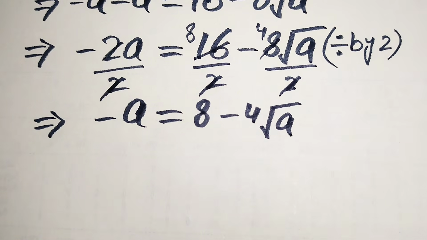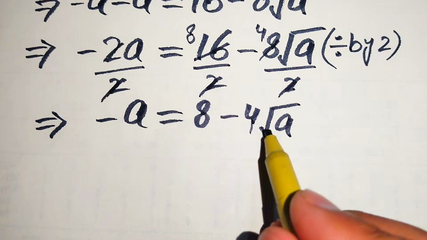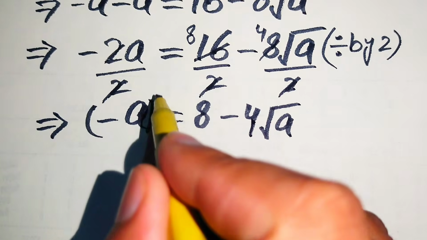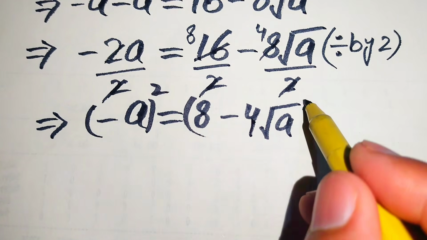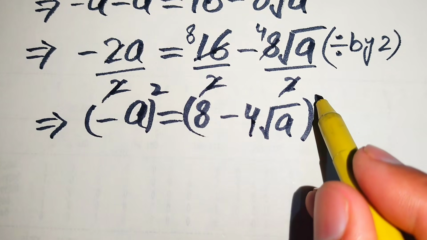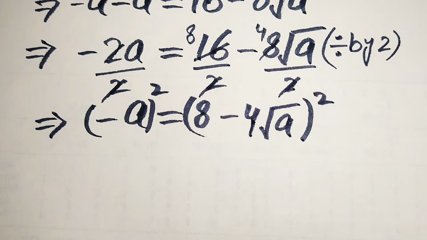And now further in the next step we just need to remove this square root sign, and in order to remove this square root sign we again apply squaring on both of the sides. So when we take squaring, it will be written as minus a whole square equals 8 minus 4 times square root of a and its whole square.